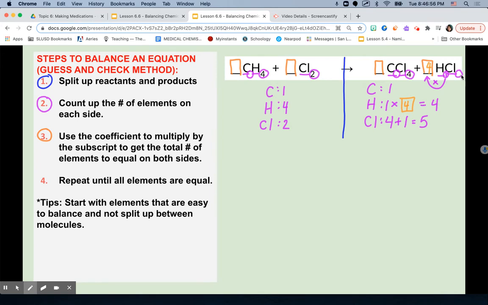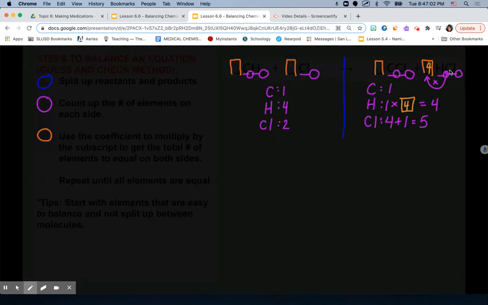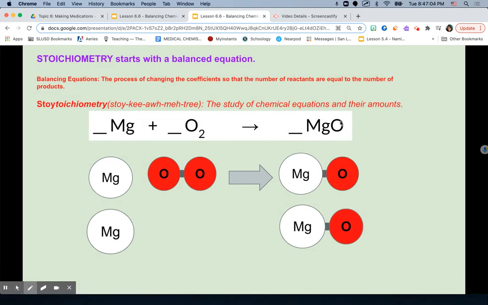But notice that it's also going to change the number of Cl's I have. Just like when I added one more O, I had to add Mg and O together. So I ended up having two MgOs and then two Mgs. I had to fix that later on.